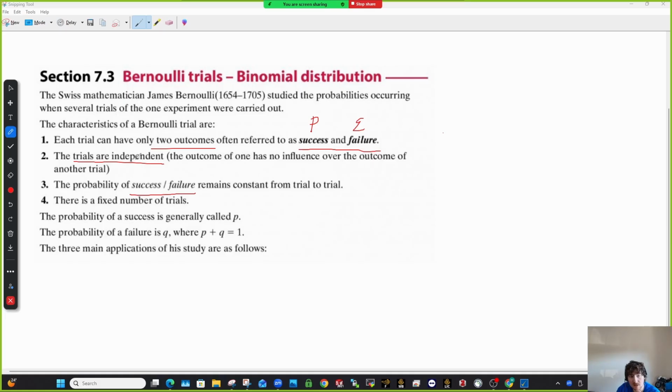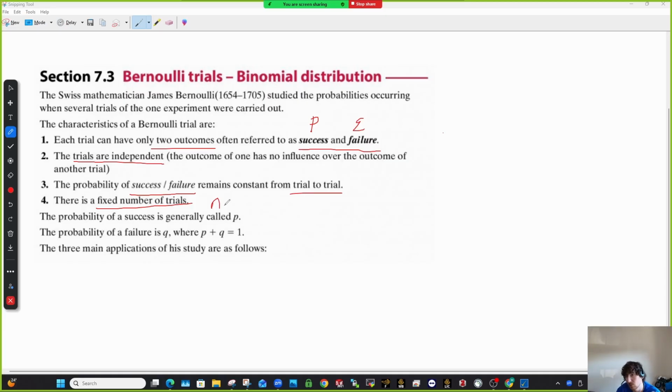This ties in with this independent thing. Success and failure is constant, okay? Trial to trial. In other words, P's value, the success chance, doesn't change. And as well too, this is the last thing people forget. There's meant to be a fixed number of trials, okay? You'll always be running these for n trials.